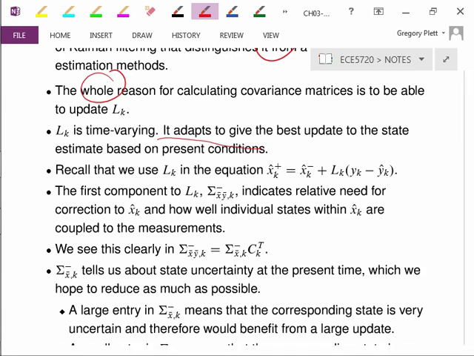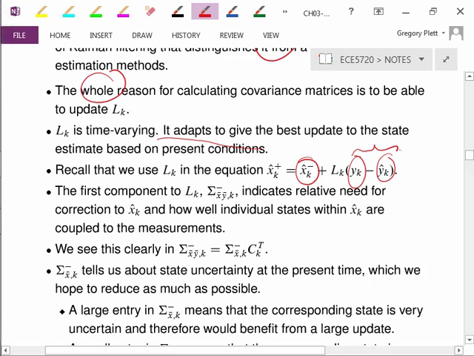How do we use L? We use L to say later on that we take the prediction of the state from step 1a, we take the prediction of the output from step 1c, and we measure the actual output. This difference here is the part I wasn't expecting. I thought that it would be y hat. In fact, it's not. It's y.